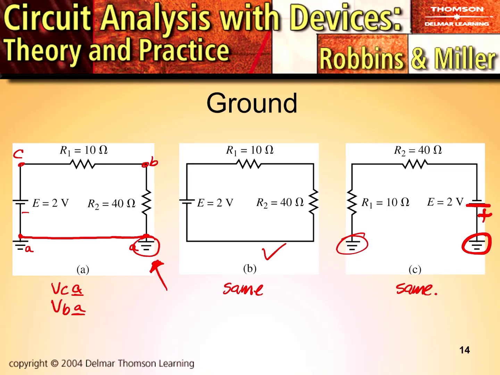Otherwise, everything else about that circuit is the same: same direction of current, same powers dissipated, same voltage drops, same R total value. Okay? So that is ground.